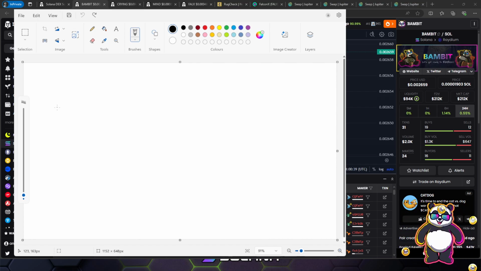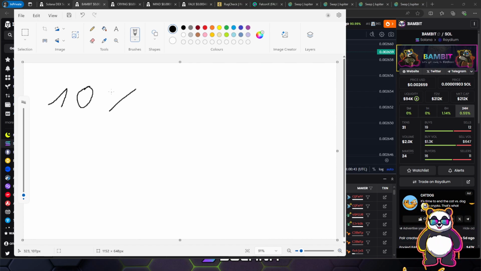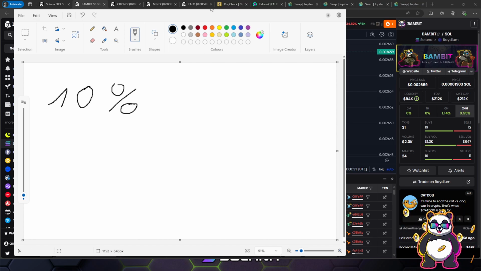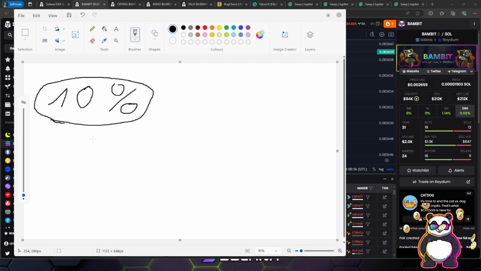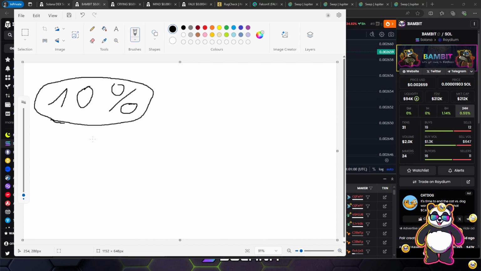For me, I want to see at least a 10% liquidity to market cap ratio, especially if it's in the couple million, let's say a 4 million market cap, you want to see at least 10%. Any less than that, it gets too dangerous. And I'm going to show you why it's dangerous.